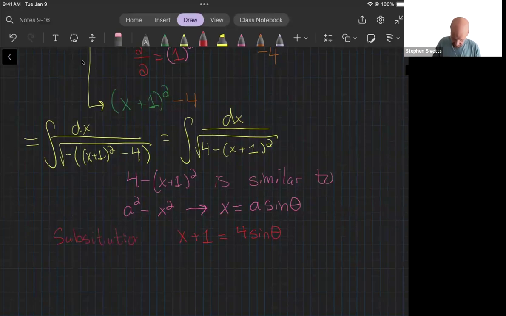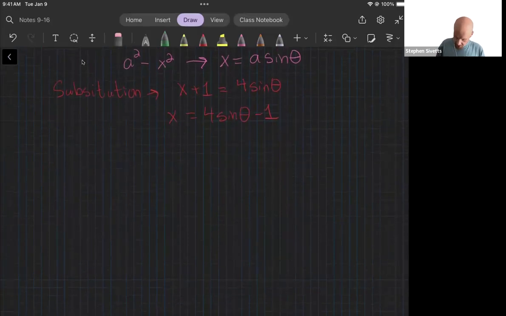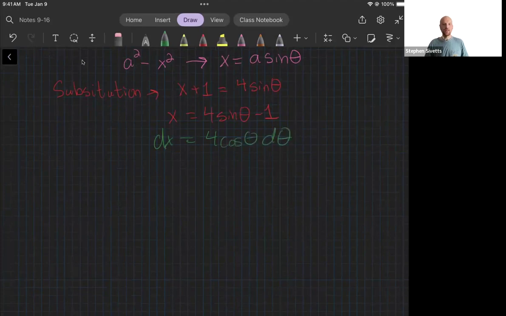I hope this makes sense. So in this case, x would equal 4 times sine theta minus 1. If I differentiate both sides, the derivative of 1 is 0, so dx is equal to 4 times cosine theta d theta. All right?